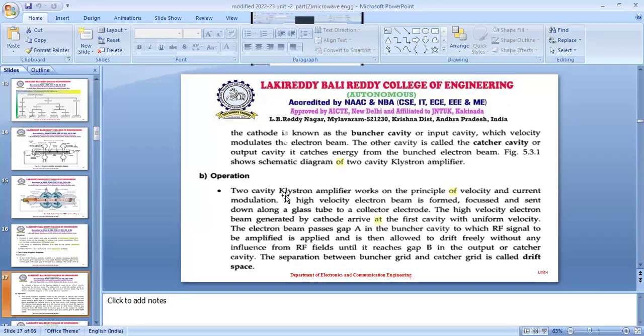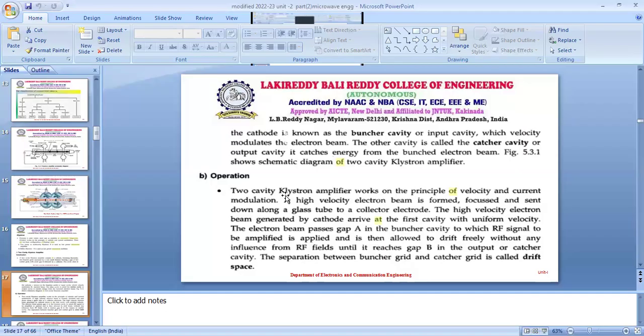Nothing but the current is proportional to the rate of change of charge q, that is dq by dt. Here the charge is the electron. So if the velocity of the electron increases, automatically the current I increases, and this is the relation of velocity of charges and currents.